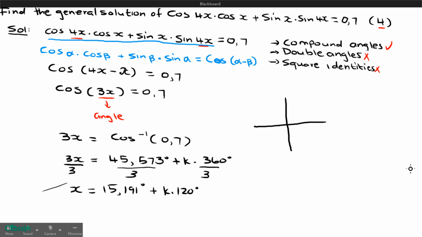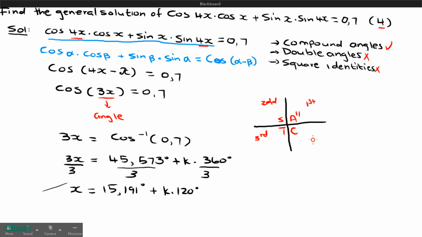Now, it says that the cos of our angle must be positive. So if we visit our CAST diagram, we must find where cos is positive. All ratios are positive in the first quadrant. Only sine is positive in the second quadrant. In the third quadrant, only tan is positive.